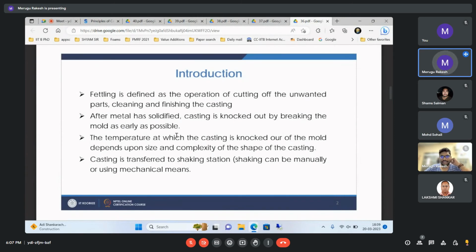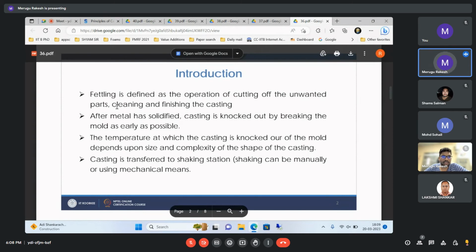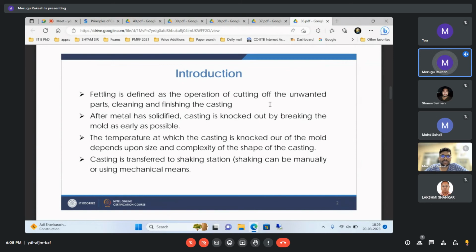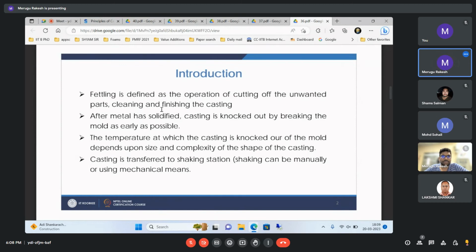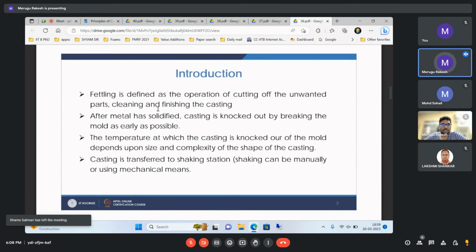If you take any sand casting, we need to do a lot of post processing, starting with breaking of the mold, then cleaning up the casting, then cutting unwanted portions such as the gate and riser, the gating design, from the actual casting, followed by the finishing method. If there are any cracks or unwanted protrusions, we have to grind them off or cut them off.